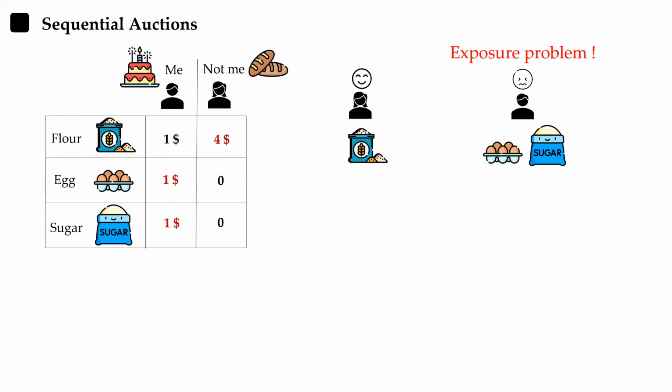And now I personally do not really care how the other person now is so happy to make her bread, but I'm literally feeling exposed. And I cannot make my cake, and I cannot even use those 2 ingredients which I paid for. And this is what is called the exposure problem.